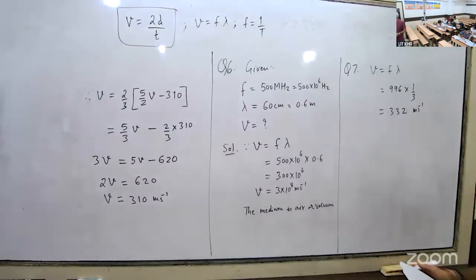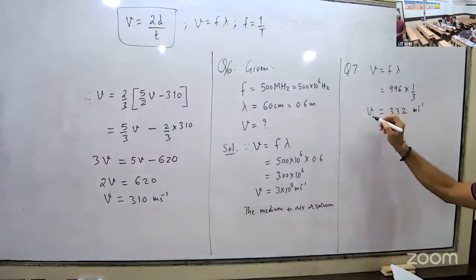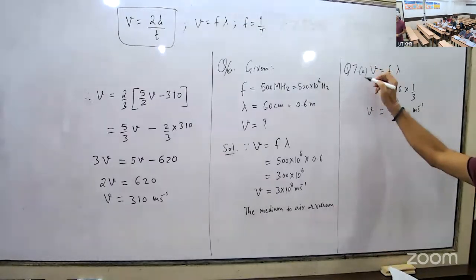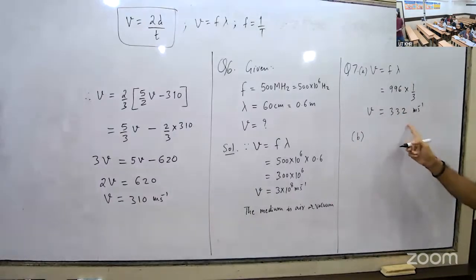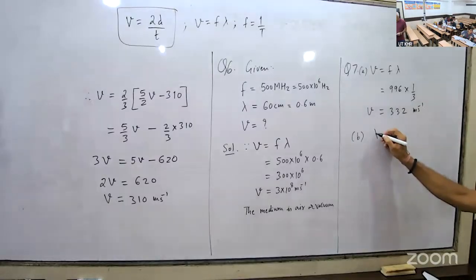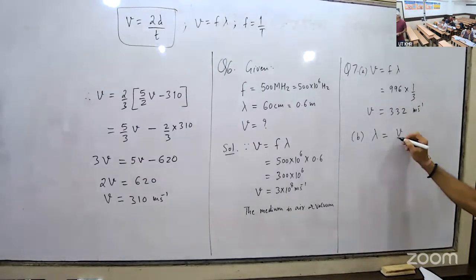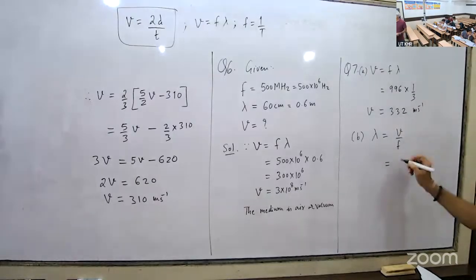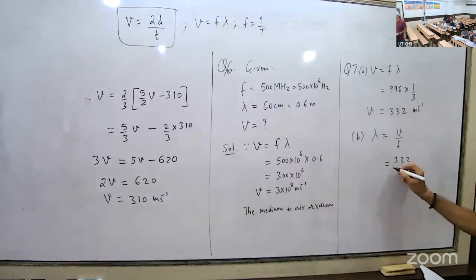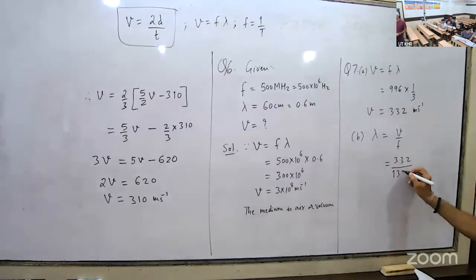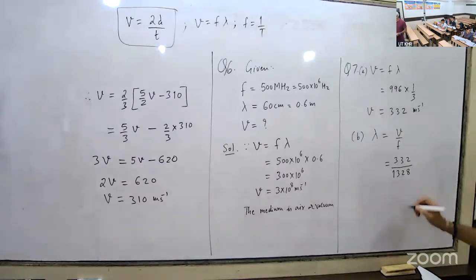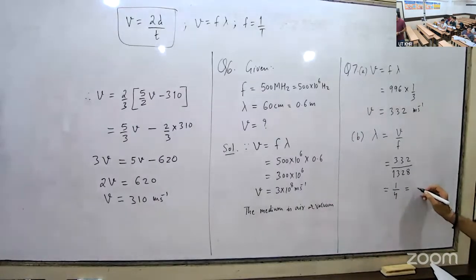If keeping the medium same, then the velocity will remain same, right? So what is the new wavelength? Lambda = V by F. The medium is same, so 332 and F will be 1328. When you solve it, you'll get 1 by 4, which is 0.25.